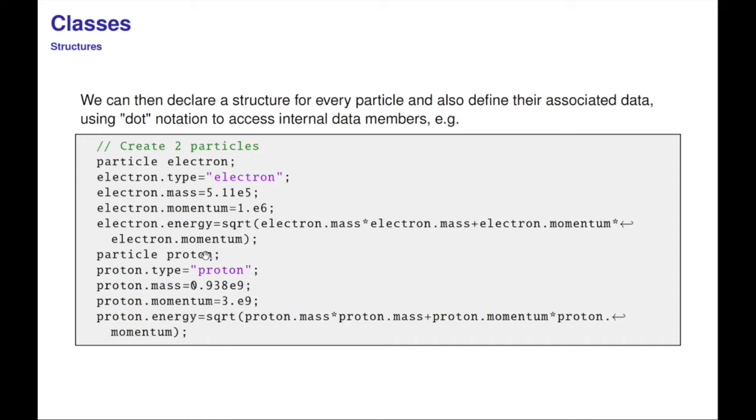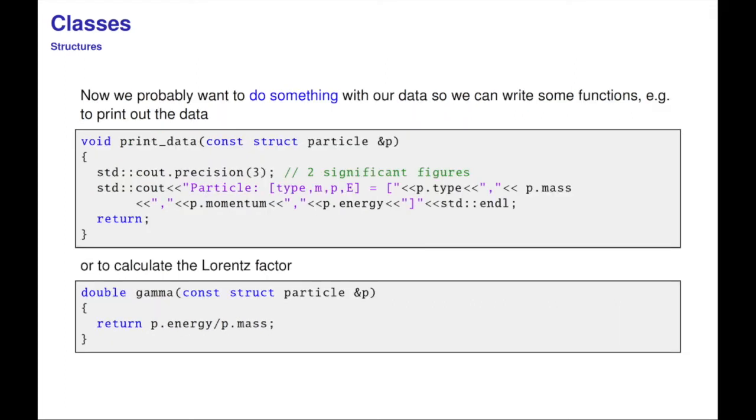Then we could also define a proton. The proton has a mass of close to 1 GeV, and I could put some momentum in there, etc., etc. So that declares members of that object. In essence, right? Essentially, we have defined objects that belong to this struct.